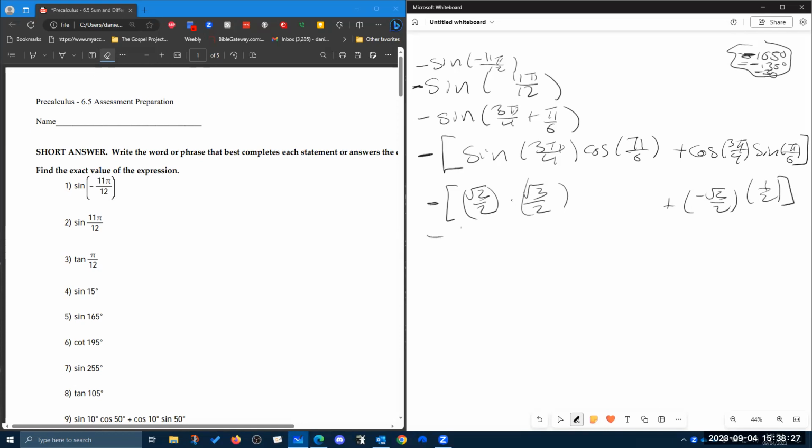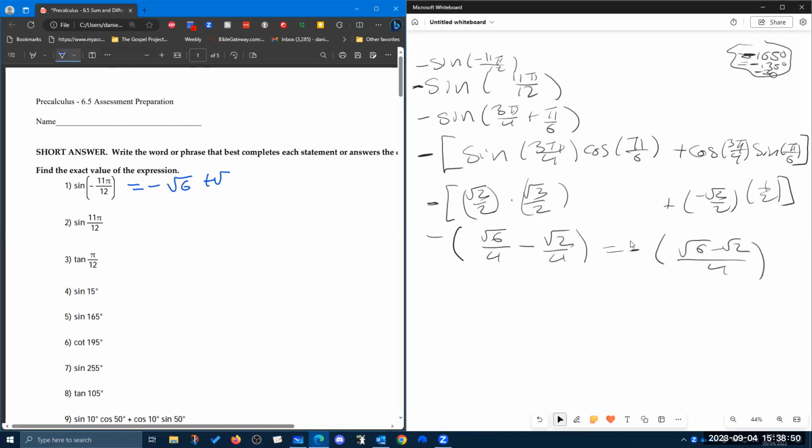This is root 6 over 4 minus root 2 over 4, which is root 6 minus root 2 over 4. So this is a negative root 6 plus root 2 over 4. And this is a root 6 minus root 2 over 4. They're exact opposites of one another.